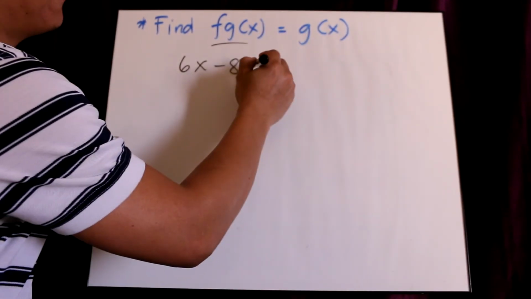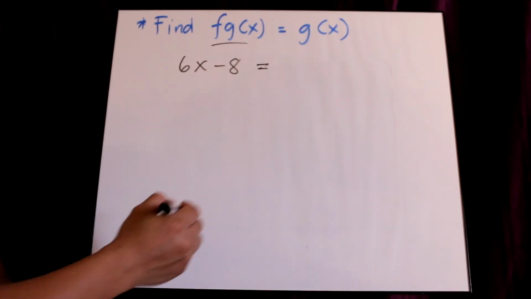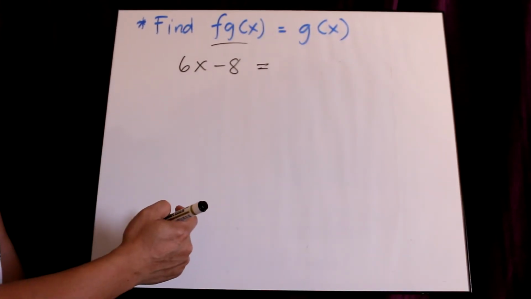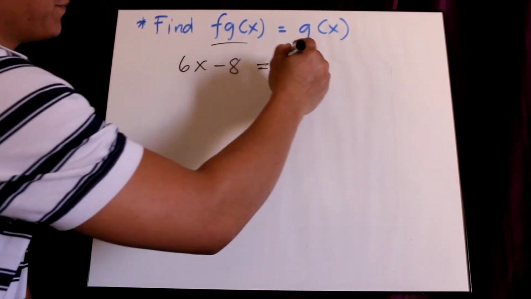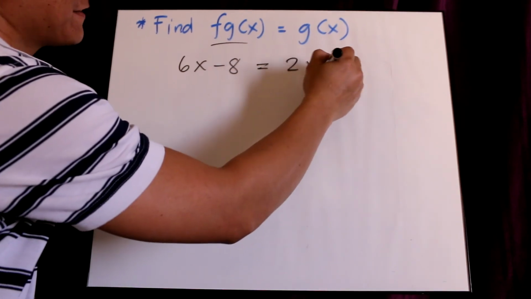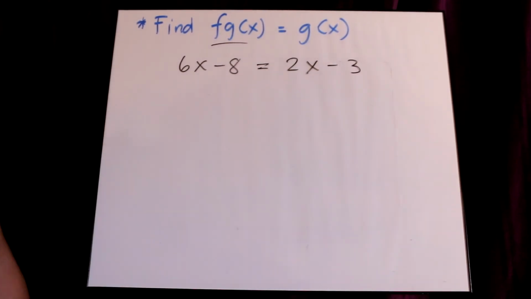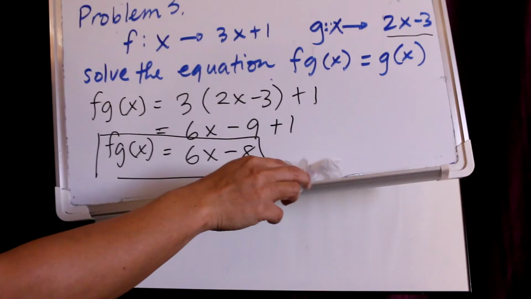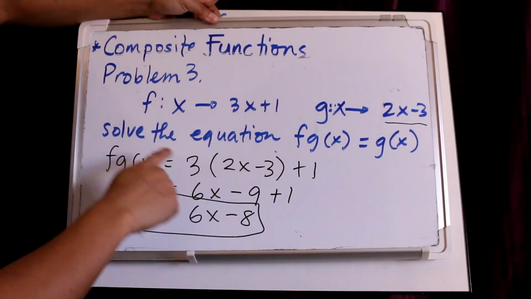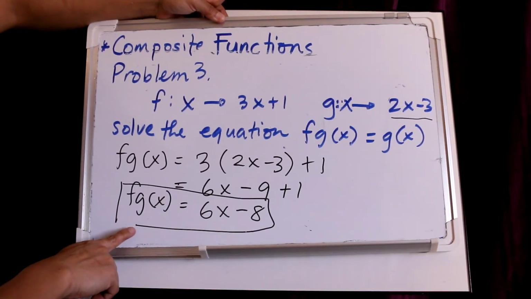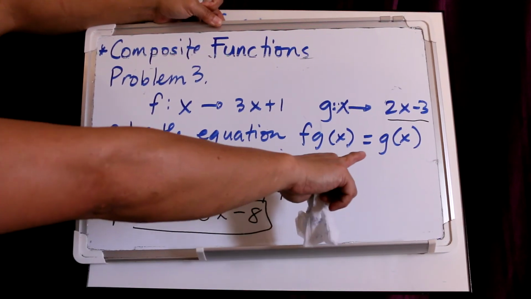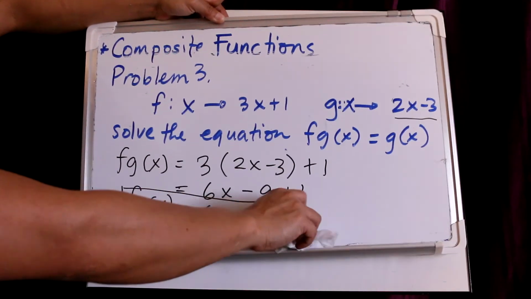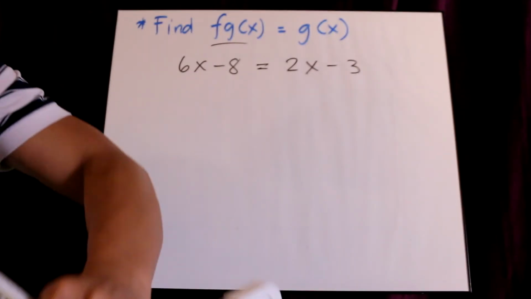And then equal to our g(x), which is 2x minus 3. Okay, if I'm going to flash it again, this is our composite function, and that is our normal function there, 2x minus 3.